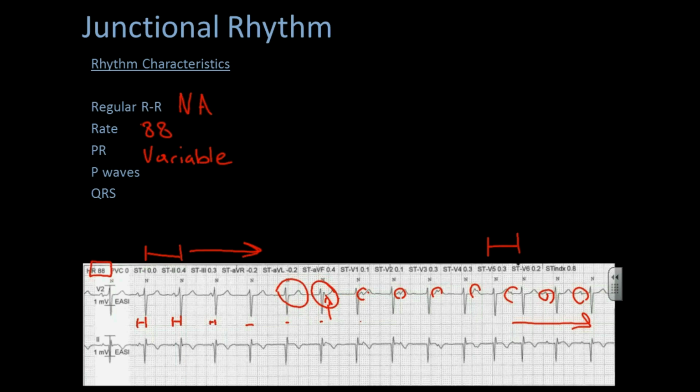And the P waves, well, they're upright when they're visible. So we won't really label that right now because they're short, they're merging, they're hidden, they're retrograde. It's all of it. And the QRS, we'll say that's relatively narrow. So this is an example of accelerated junctional outpacing the SA node.